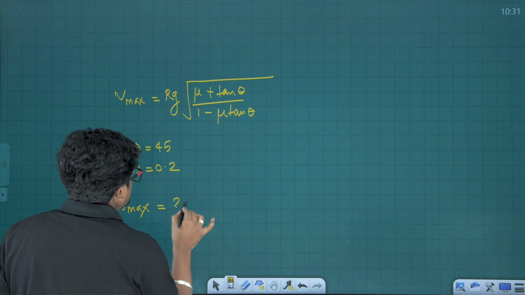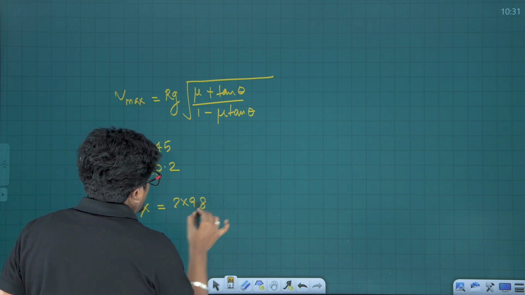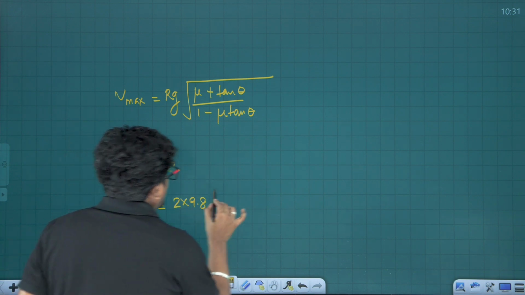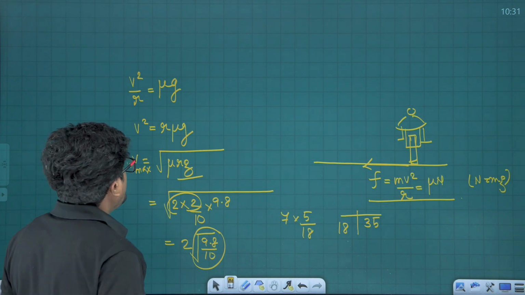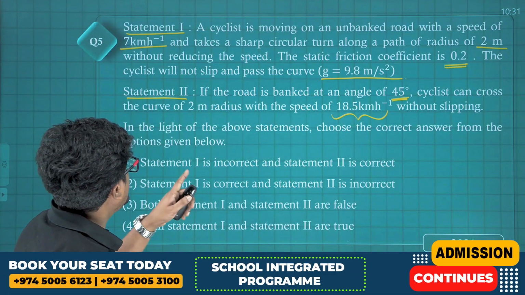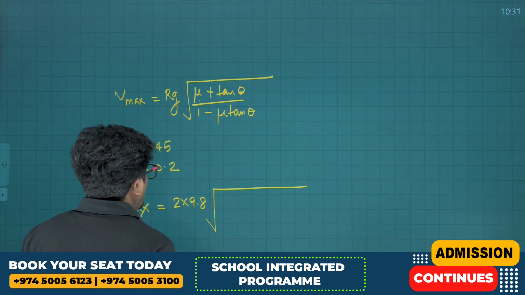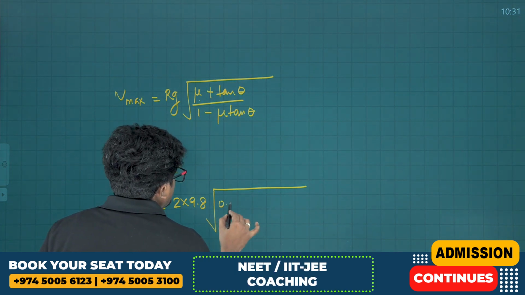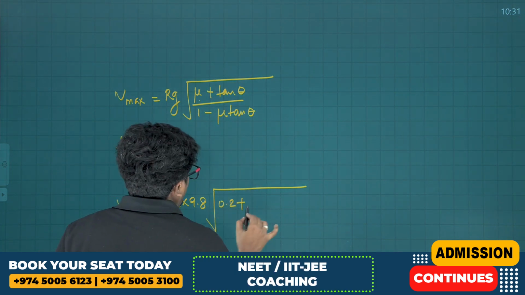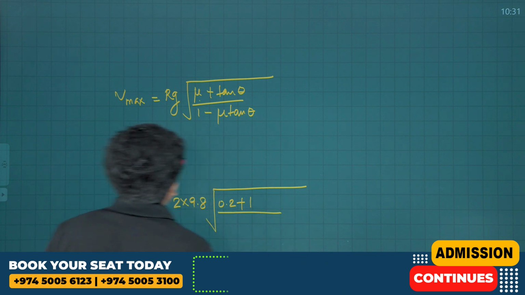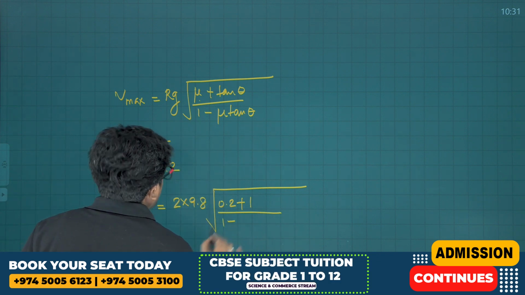R is equal to 2 into 9.8 all divided by, what about the mu value? Mu value is 0.2 only, isn't it? Yes, 0.2. So 0.2 plus tan of 45, that is 1, all divided by 1 minus 0.2.